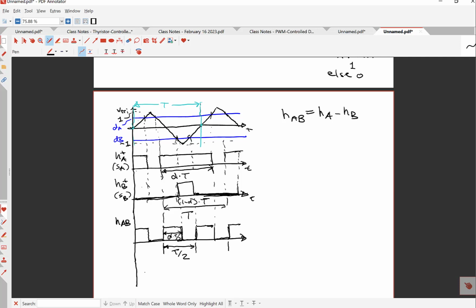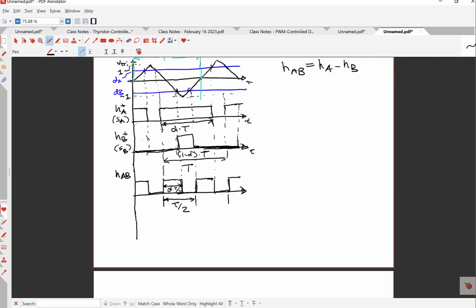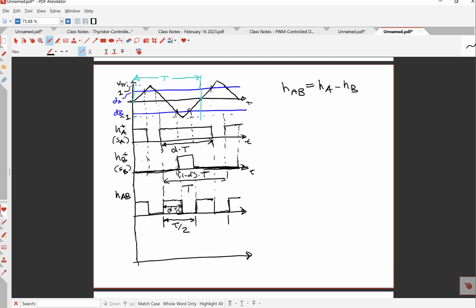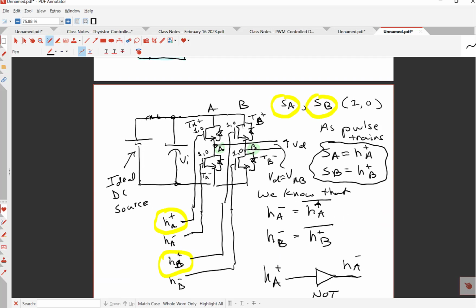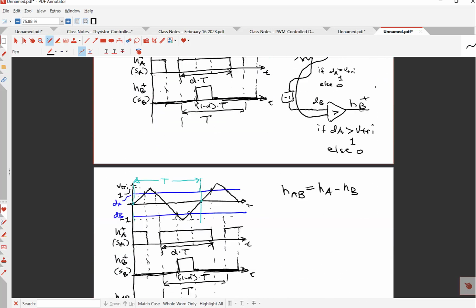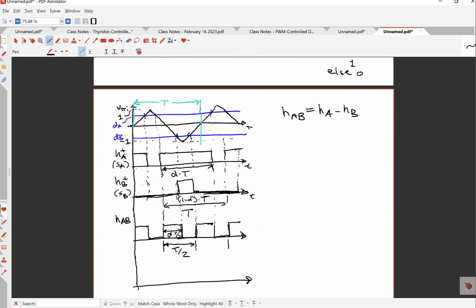If we want to know what voltage we're going to synthesize, the HAB represents, say for example, if HA plus this time here is 1 and HB plus is 0, that means that device is on.